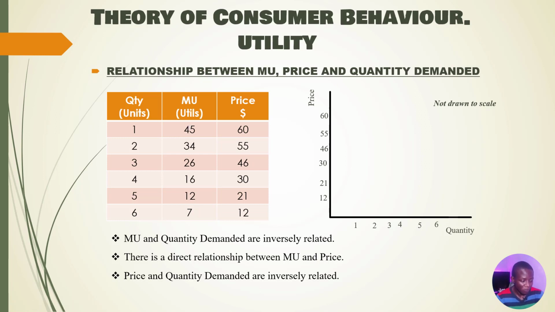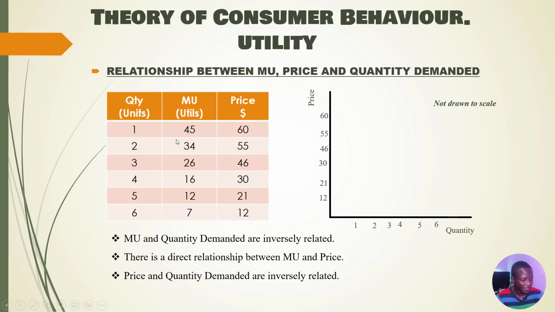So you realize that there is a direct relationship between the marginal utility and the price, because for you to buy the next unit, the price has to decrease because you are deriving less satisfaction than the utility that you derived from the previous commodity.